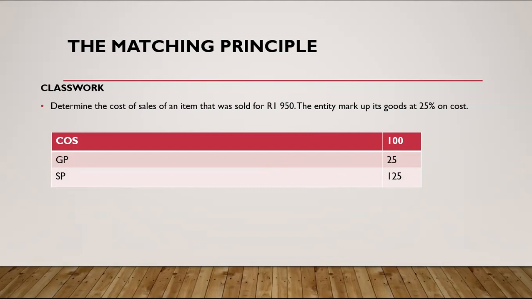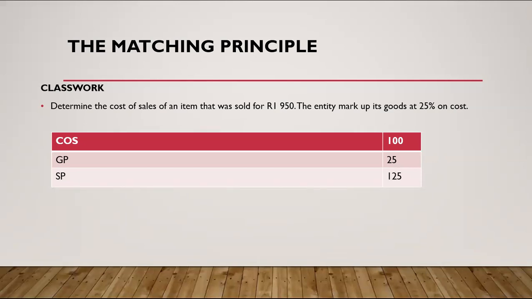Note that that 1,950 that you have been given here is the selling price, and we are looking for the cost price. Cost percentage is 100, so we know that we are going to multiply by 100. The sales percentage is 125, so we know that we will divide by 125.